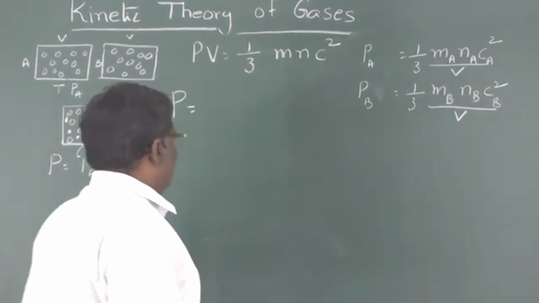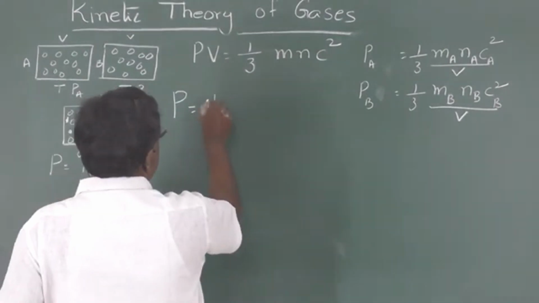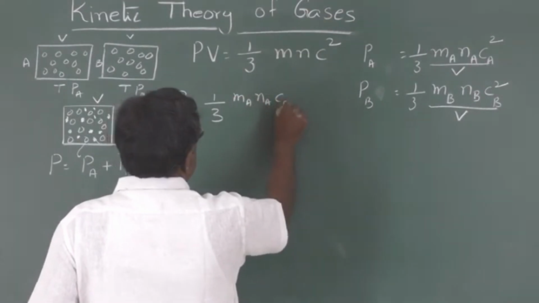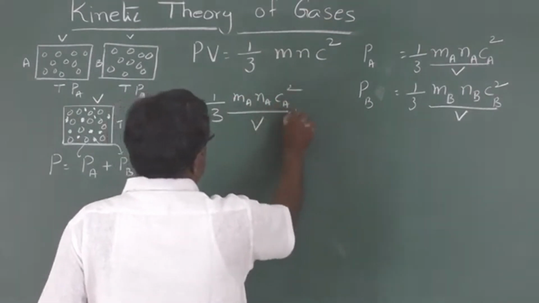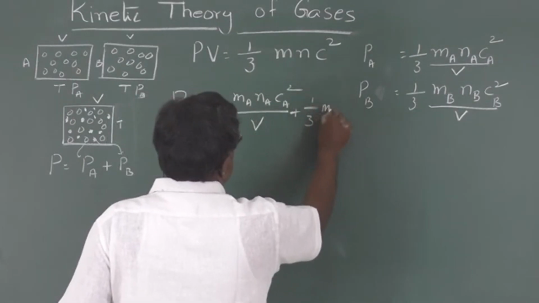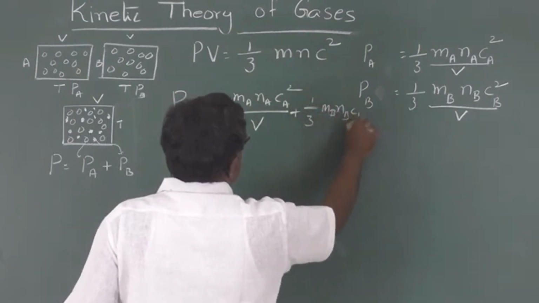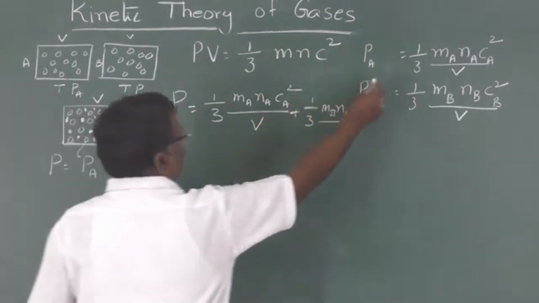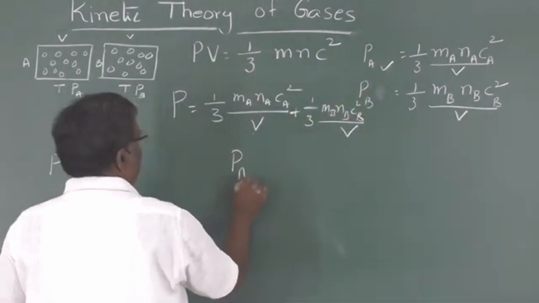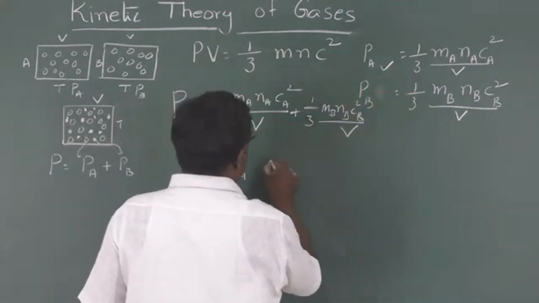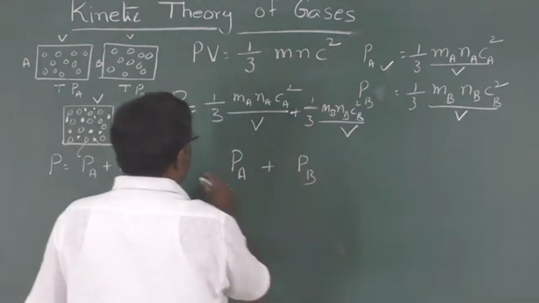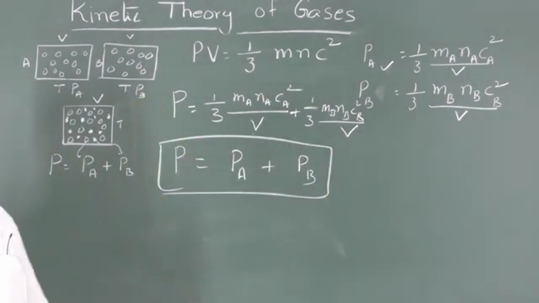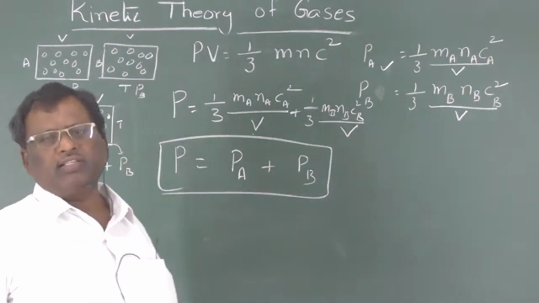So the total pressure is 1/3 MA NA CA square by V plus 1/3 MB NB CB square by V. But 1/3 MA NA CA square by V is equal to PA, and 1/3 MB NB CB square by V is equal to PB. Therefore, P is equal to PA plus PB. This is known as Dalton's law of partial pressures.